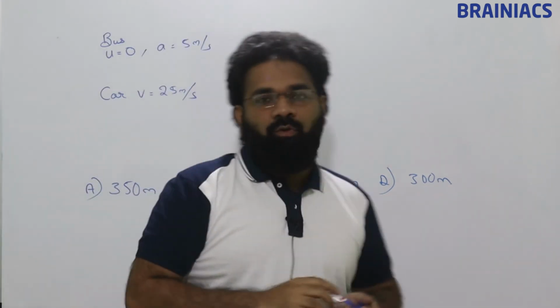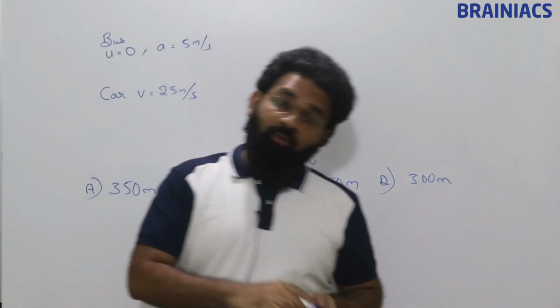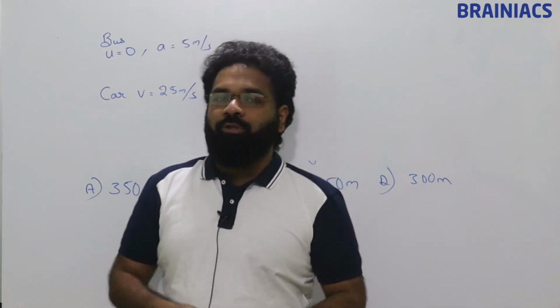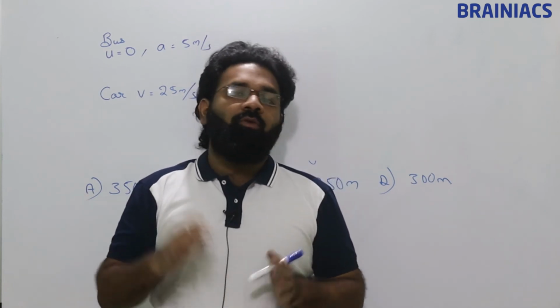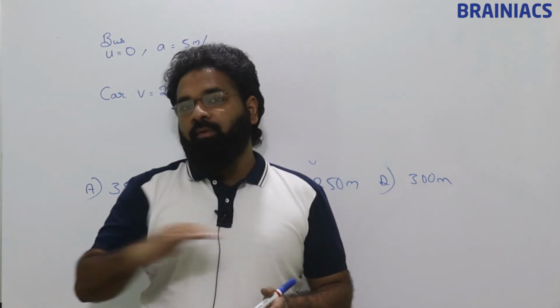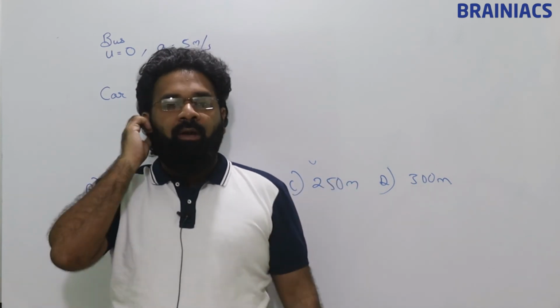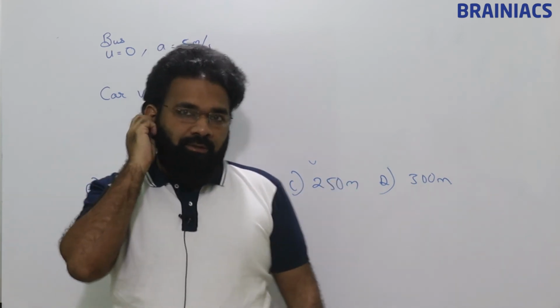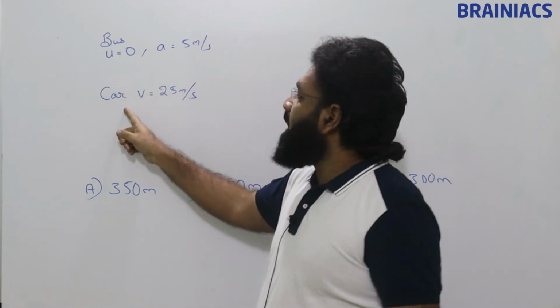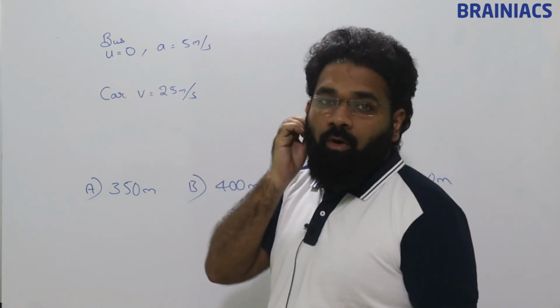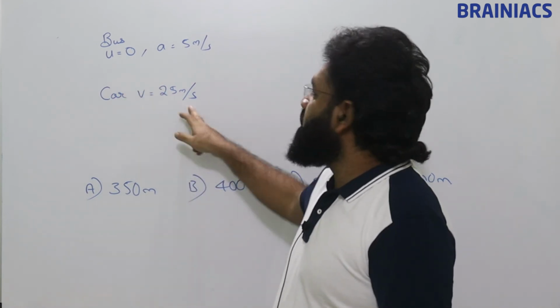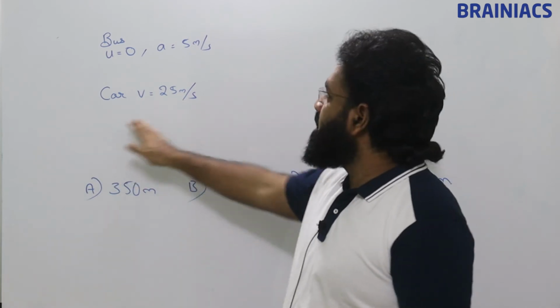These are the data. So bus is moving with uniform acceleration but non-uniform motion. But the car is moving with uniform motion or constant velocity, 25 meter per second. Okay, it is very clear.